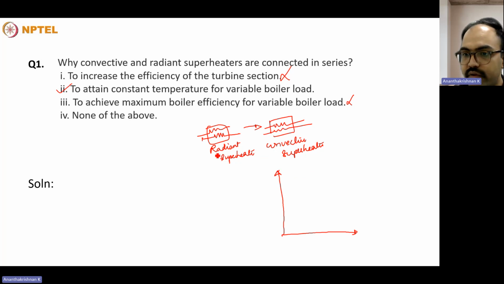The radiant superheater absorbs a large amount of heat directly from the flame through radiation at lower loads. But in the case of the convective superheater, when the load is very high, the amount of flue gases flowing through increases the convective heat transfer in that region. At a higher load, this convective superheater can be used to control the heat of the outgoing steam.